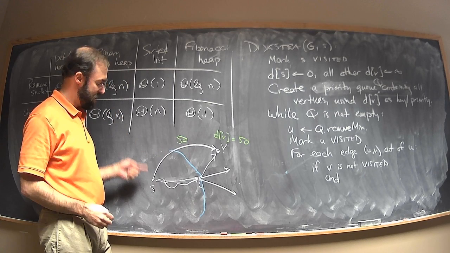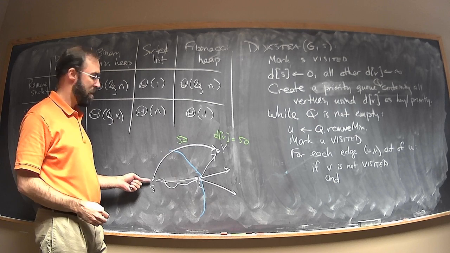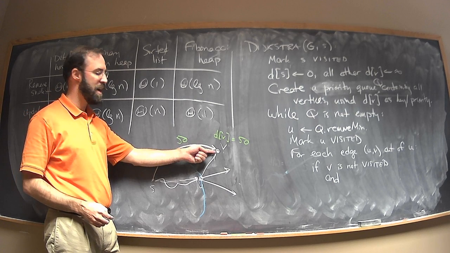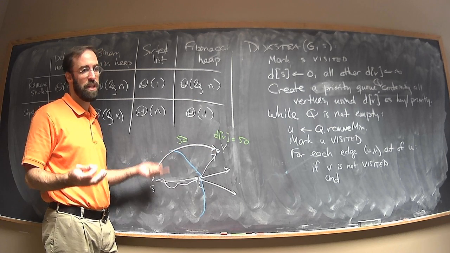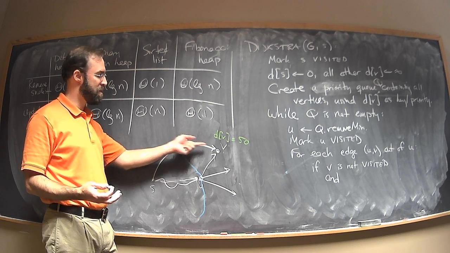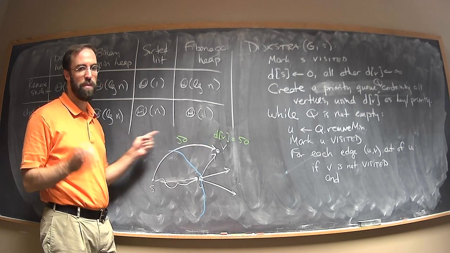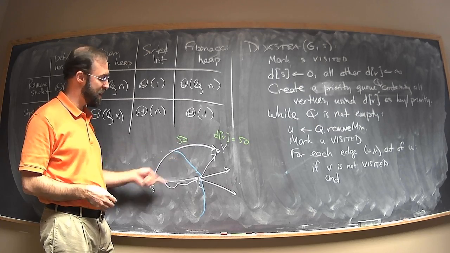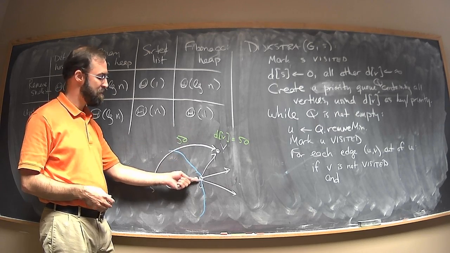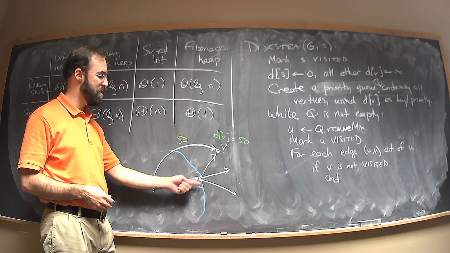Oh, gotcha. So when we processed S, we said, it looks like I can get to V at time 50, so that's the best I know of yet. That's better than infinity, and so we recorded that. But that wasn't the vertex with the smallest D value, so we didn't pick it. It was just kind of hanging out there, and we did some other things. Maybe we get to U, and D of U was like 20.